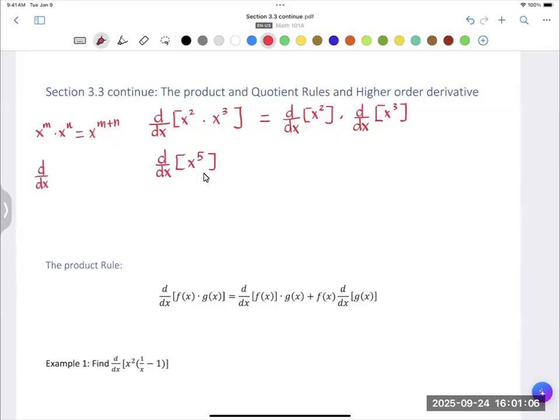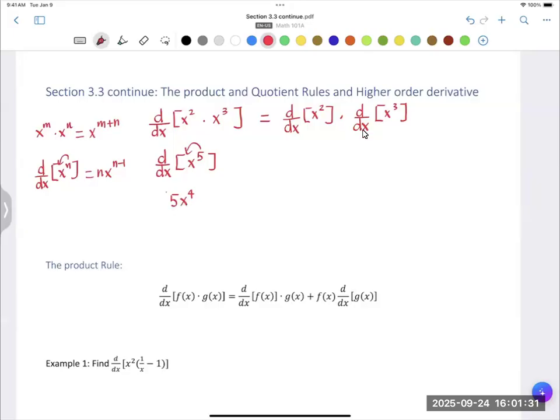Based on the power rule, we bring down the power n, and then x to the power n minus 1. So the derivative of x to the power 5 is 5 times x to the power 5 minus 1, which is x to the power 4. So on the left-hand side, the derivative of x squared times x cubed is 5x to the power 4.